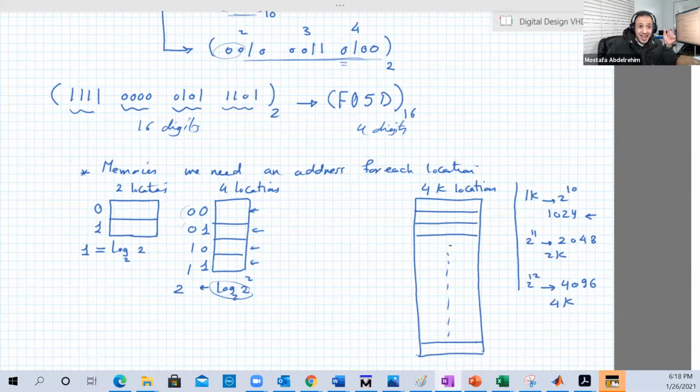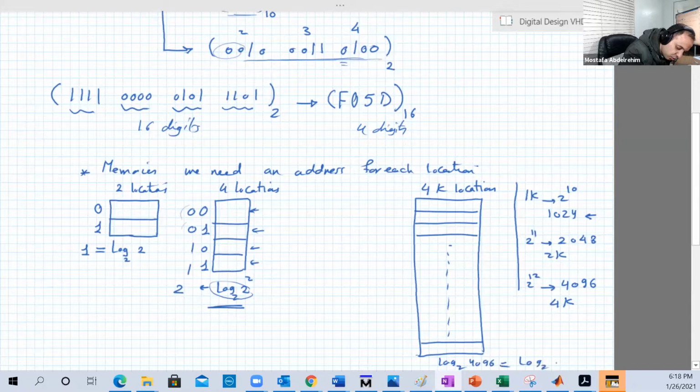And we need a unique address, a unique name, a unique symbol to represent each one of these locations. So we again go to our magic formula, log 2 of 4096, which is log 2 to the power 12. So we need 12 bits.